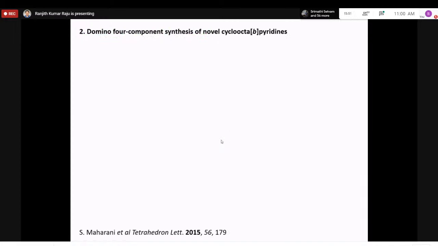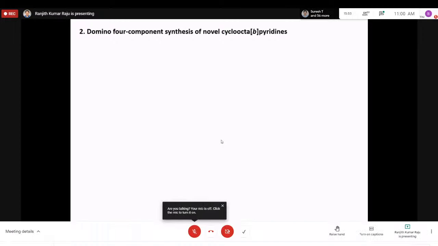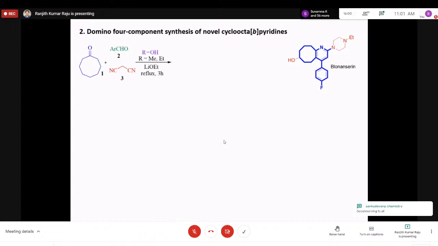And then we wanted to make that compound, the blonanserin analogue compound. So we just made a slight modification by changing the solvent and reducing the quantity of malononitrile. So the same reaction we performed, and we thought we could get the targeted pyridine fused cyclooctane.